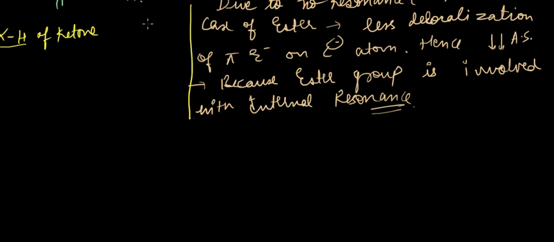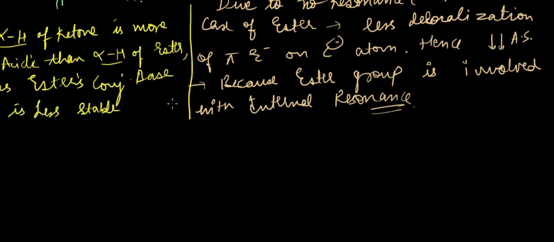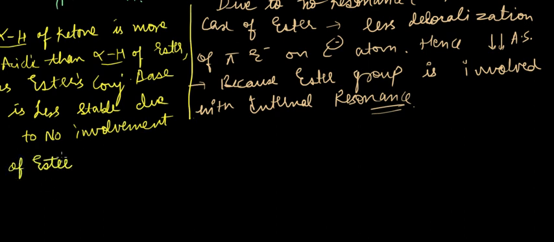Alpha hydrogen of ketone is more acidic than alpha hydrogen of ester, as ester's conjugate base is less stable due to no involvement of ester in resonance with other groups.